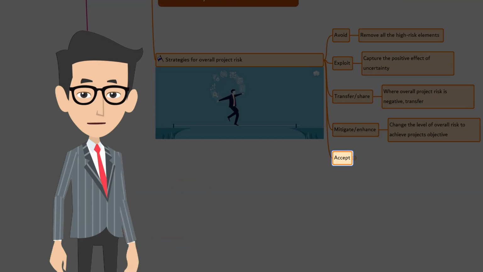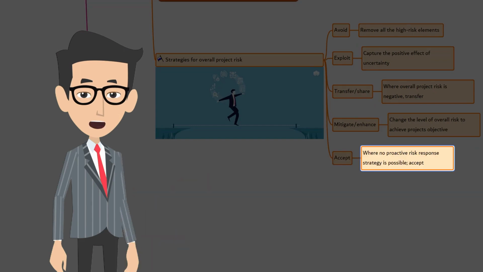The last one is accept. Where no proactive risk response strategy is possible to address overall project risk, the organization may choose to continue with the project as currently defined, even if overall project risk is outside the agreed upon threshold.